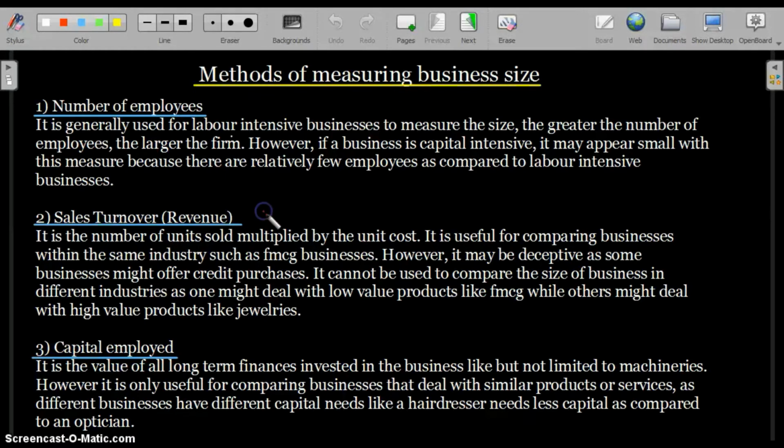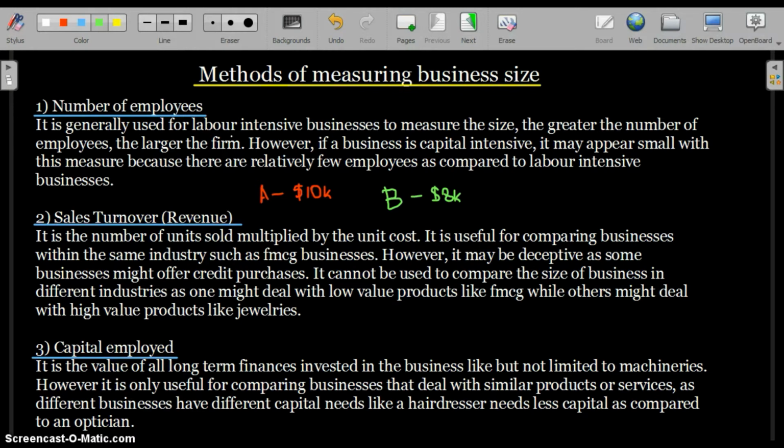For example, if a business A makes annual sales of, let's say, $10,000, and there's a business B which makes sales of, let's say, $8,000. They are just some estimates that I have put up.